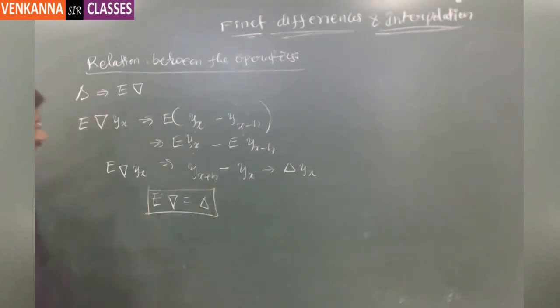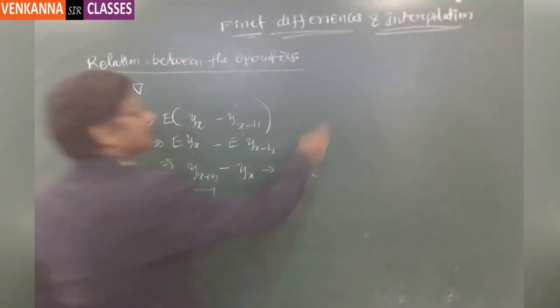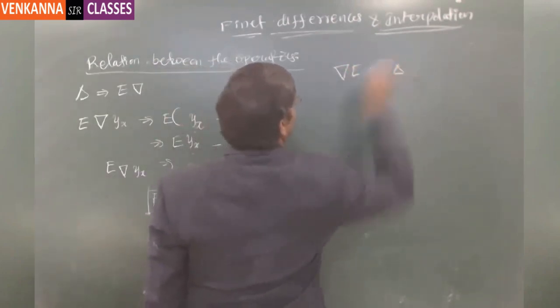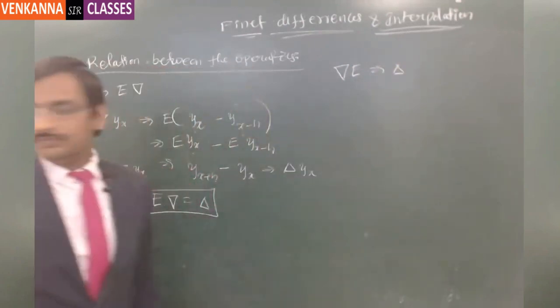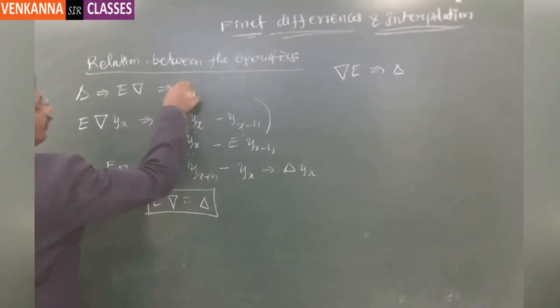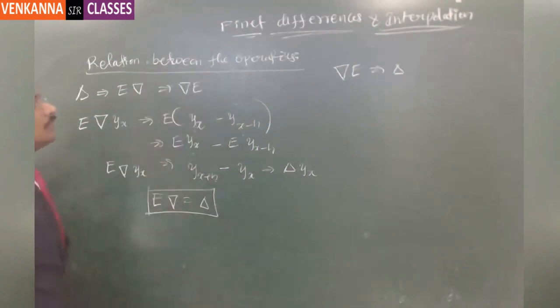This is one relation. And then del E is also equal to delta. So the operators are E del or del E, and we'll prove this as well.